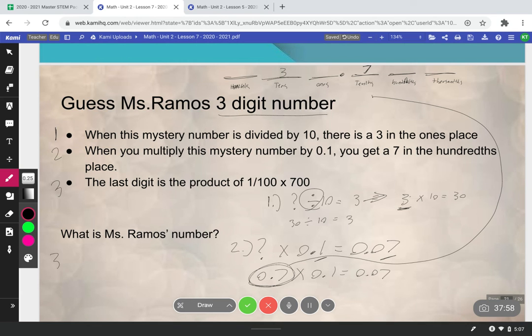All right, let's go into our final clue. The last digit is a product of 100 multiplied by 700. That's pretty easy. So 700 multiplied by 1 over 100. And remember, I'm not too good at the decimal or the fraction version, so let's switch it. So I am decreasing my place value by 2.